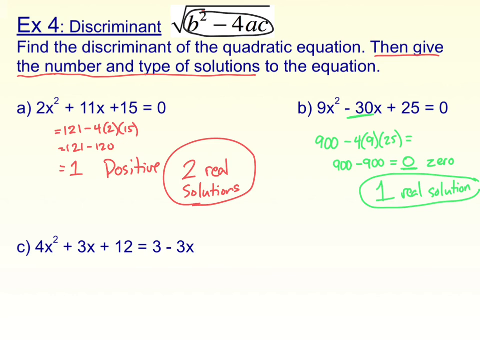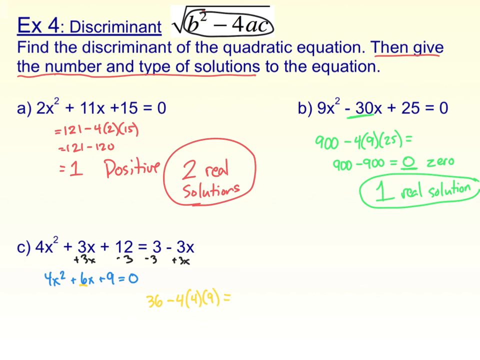All right, for part C, to do this, I have to get it equal to 0 first. So I need to add 3x and subtract the 3. That's going to get me 4x squared plus 6x plus 9 equal to 0. And if I find the discriminant, b is 6, so it'll be 36 minus 4 multiplied by a multiplied by c, and that's going to equal my discriminant.